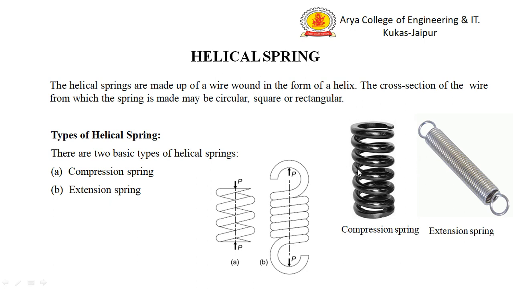In both the cases, the force acts along the axis of the spring. It should be noted that in both the springs, torsional shear stress is produced in the wire and not the compressive or tensile stress. This concept we will discuss later.